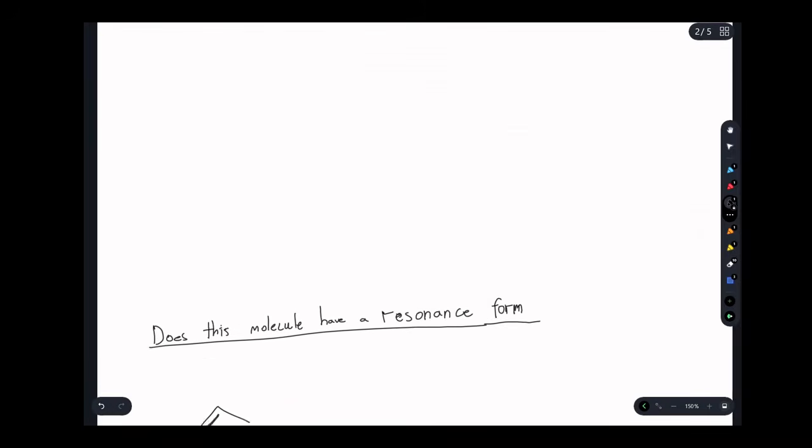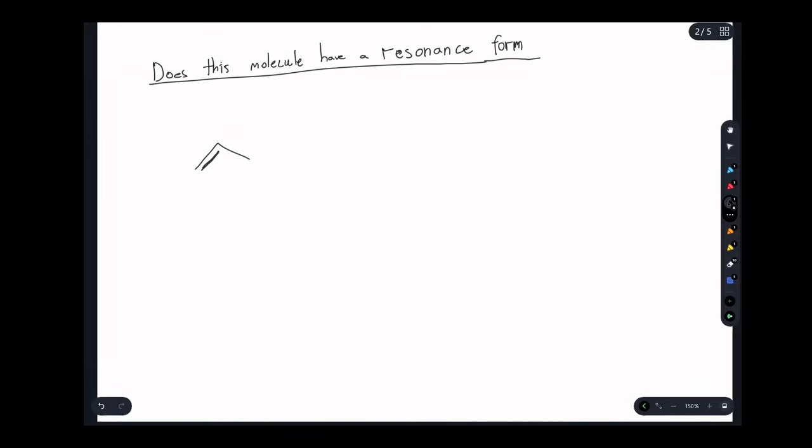But let's take a look at one of the most common mistakes that students make when they initially learn the rules that I've applied. So remember that the loosely held electrons, the LHEs, are your pi bonds or your lone pairs.